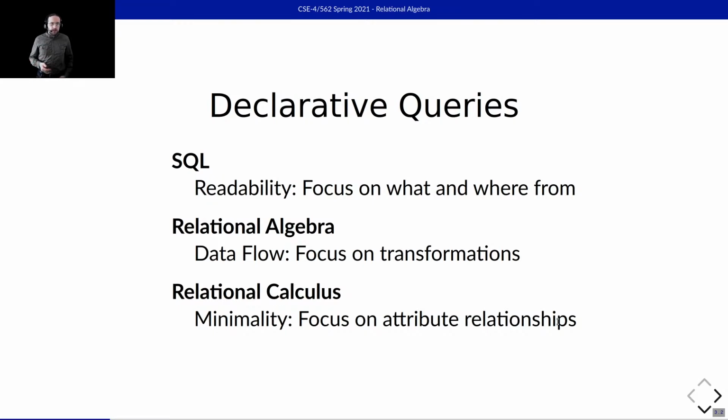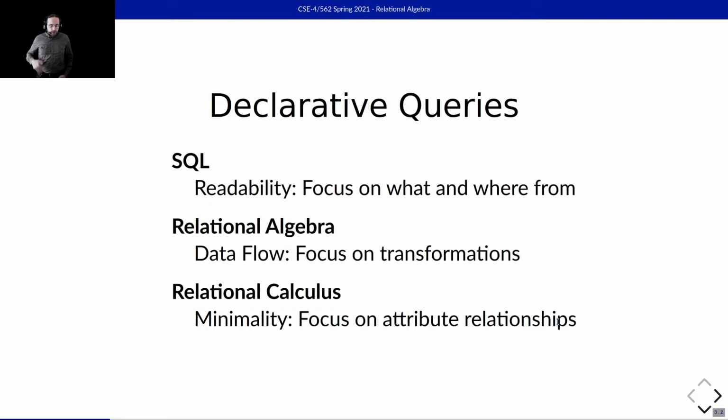Relational algebra is an equivalent thing to SQL. In terms of expressiveness, there's nuances, but for the most part, anything that you can express in SQL 92, you can express in some flavor of relational algebra.